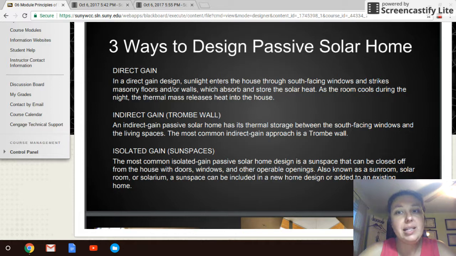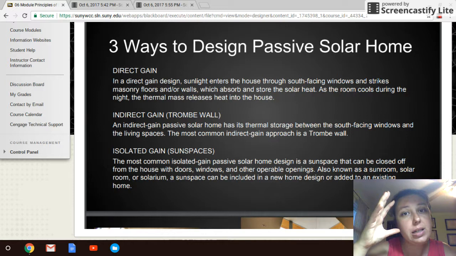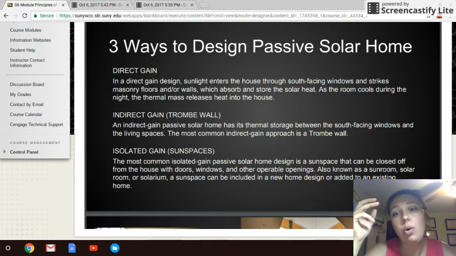3 ways to design a passive solar home. Indirect gains. This is where I'm using things like south-facing windows to take advantage of my heat and its ability. Direct gains, these are some type of structure or some type of thing I am adding onto my home to maximize my heat energy, whether it be that indirect gain by building that little greenhouse type structure, or putting in a Trombe wall, or am I putting in some type of thermal mass item that's taking advantage of heat.